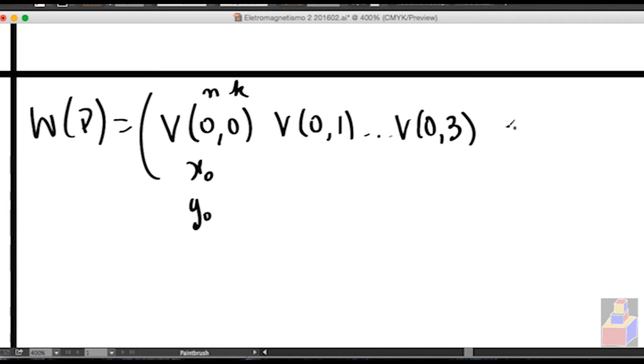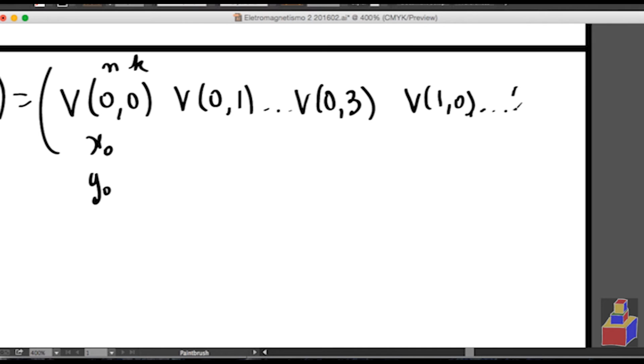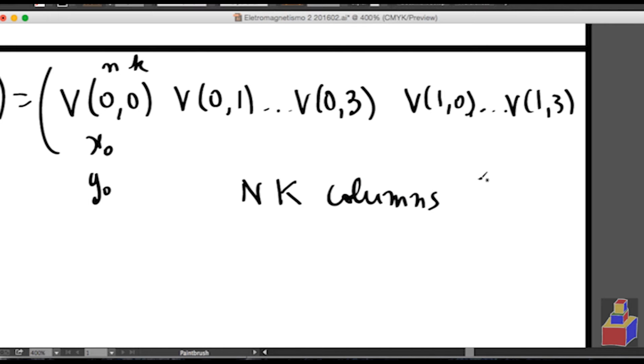Then you go to the next charge, v1,0, etc., v1,3, until you have the whole set. You're going to end up with n times k columns. Your matrix is going to have 2 rows. For any charges and k points between charges, you're going to have n times k initial coordinates.